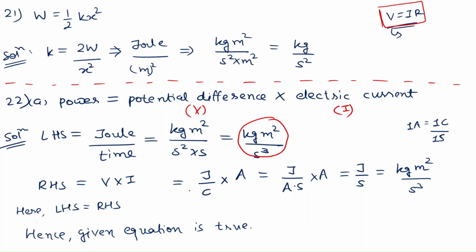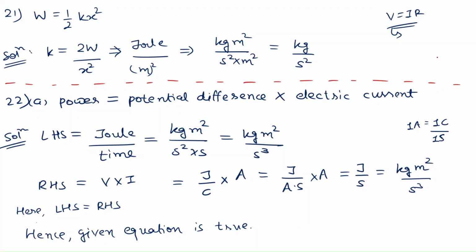Also, you can say voltage is given by joule per coulomb, which is also a formula for potential difference: work done per unit charge. We see this in electrostatics, but here we only deal with its unit.